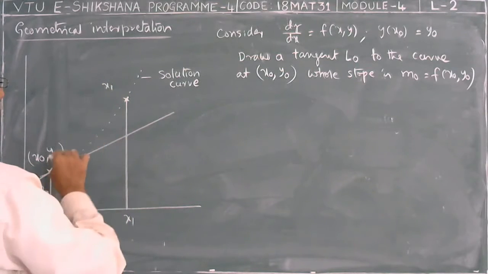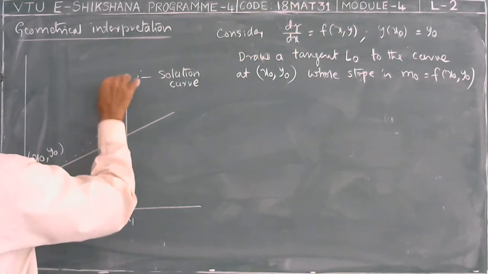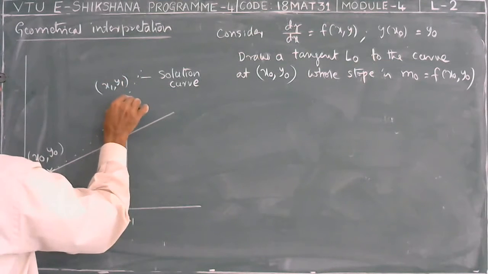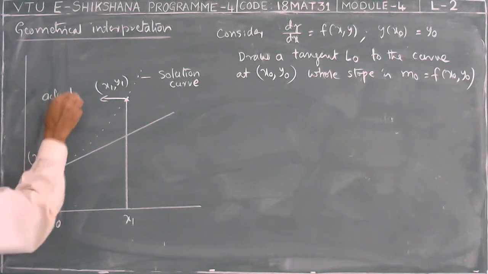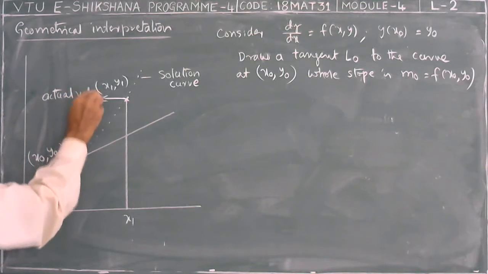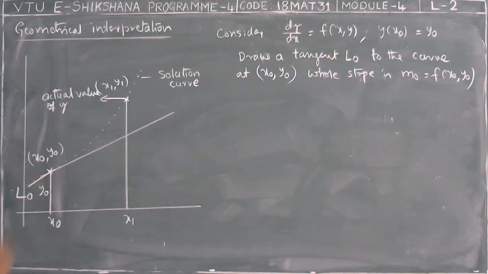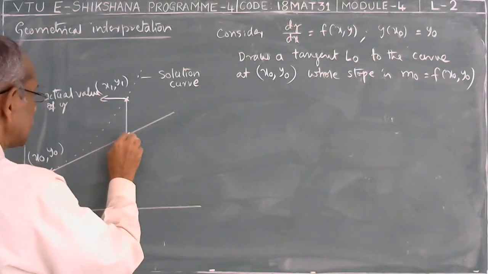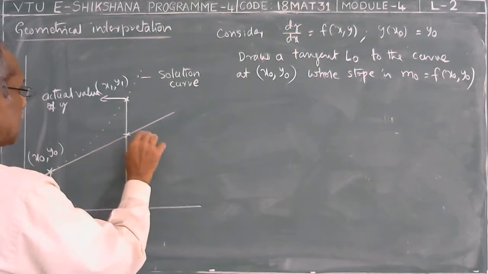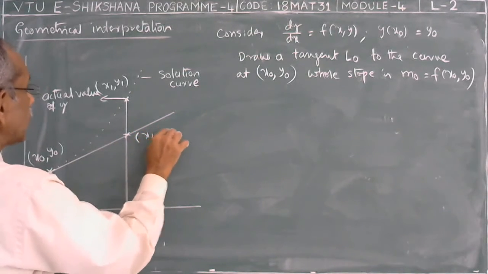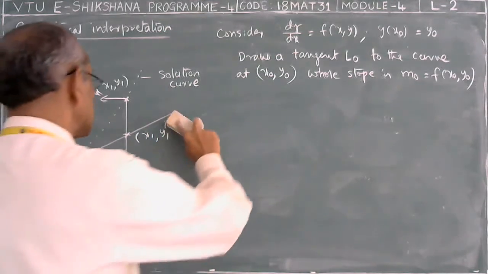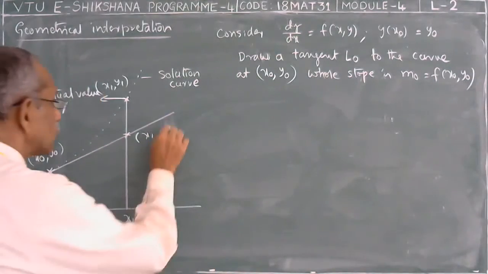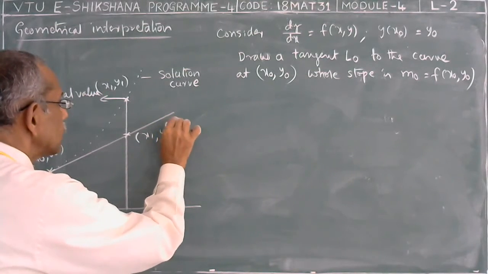Let us say this is x1, y1, the actual value of y. And let us call this as x1, y1 0. That is the value of y at x is equal to x1, that is, we call it as y1 0.